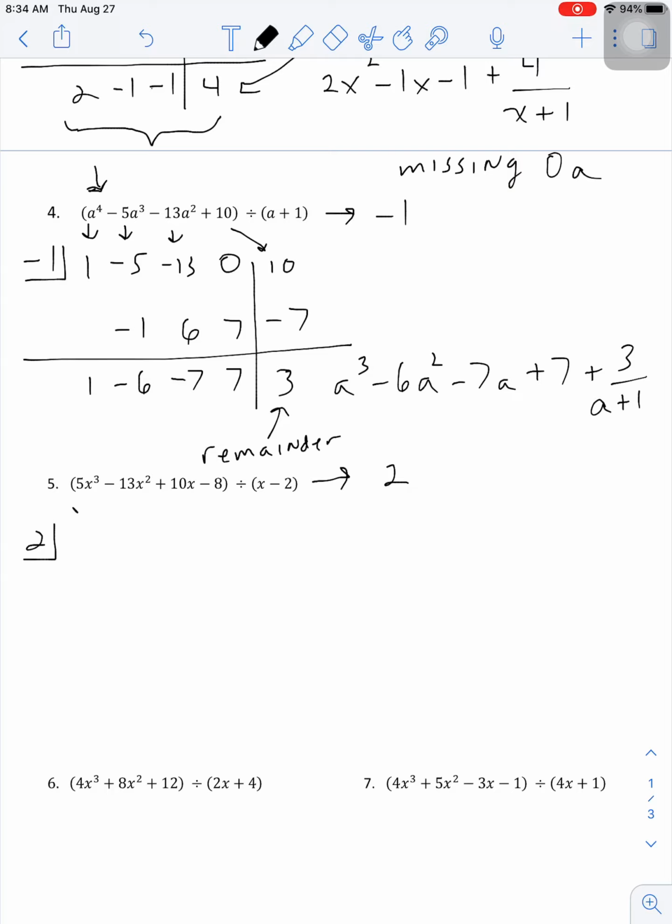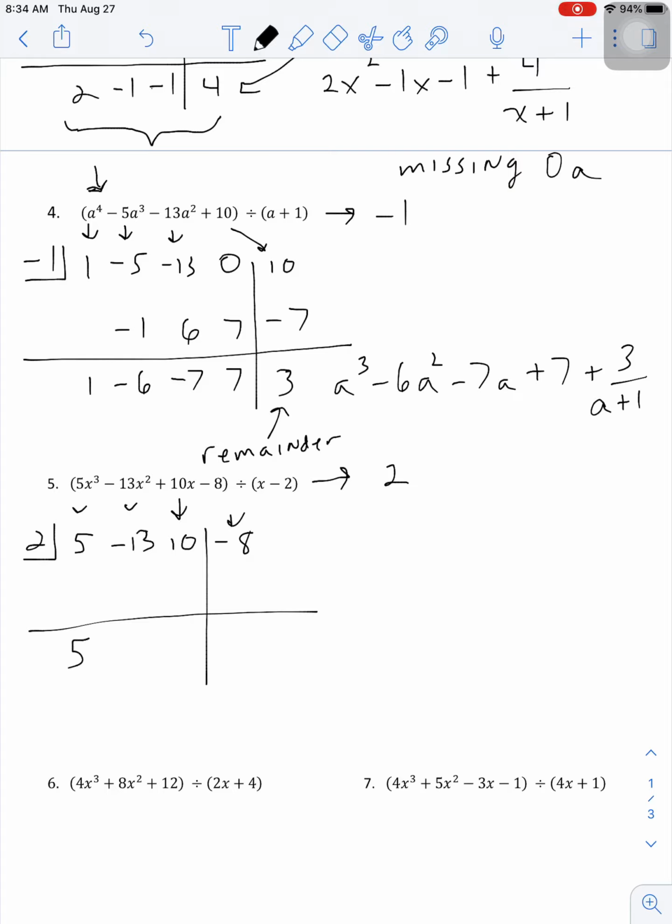Okay, and then I can bring down my coefficients. So I got a 5, I got a -13, I got a 10, I got a -8, then I draw in my 2 other lines.